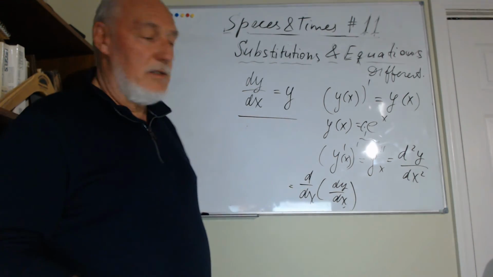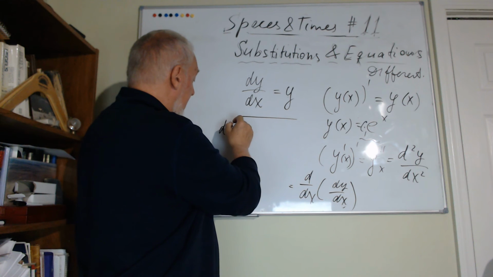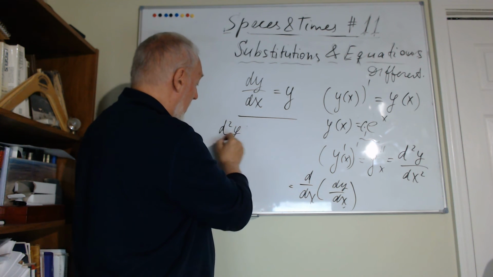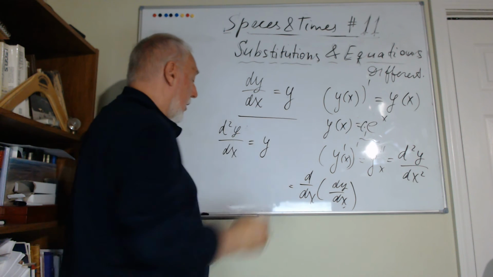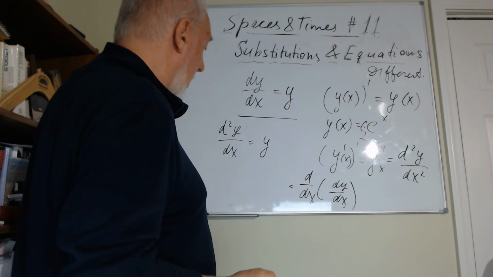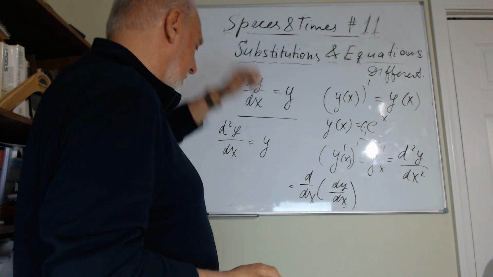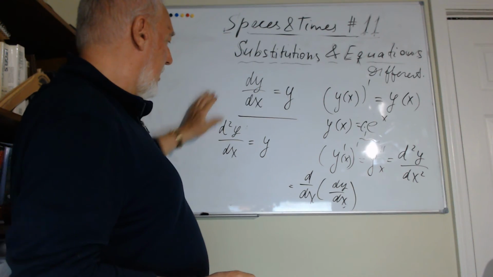It's called the second derivative. And now another equation: the second derivative of y by dx squared equals y. Just if you look at this and this, you can compare, right?